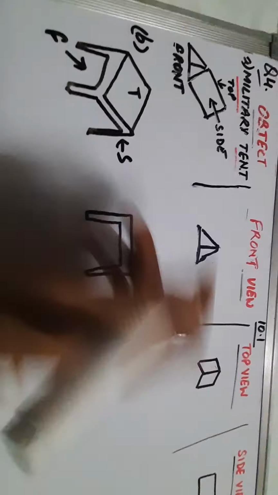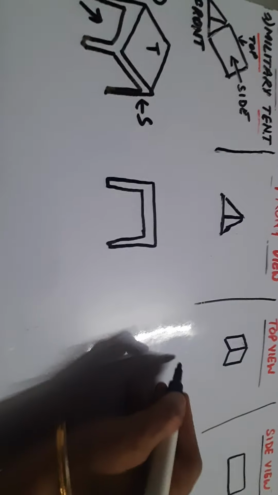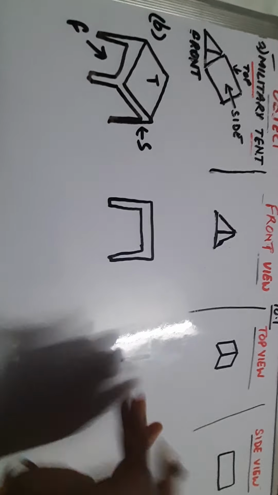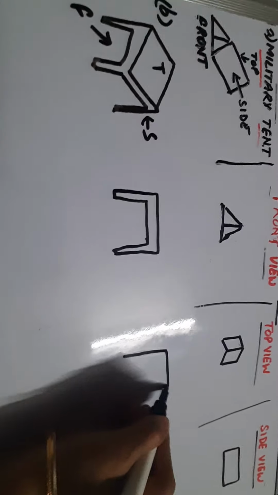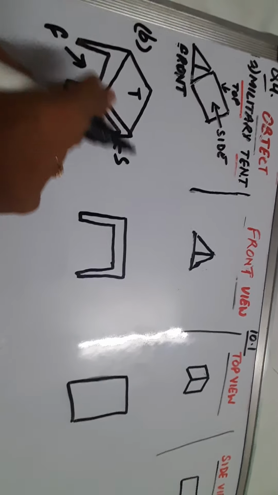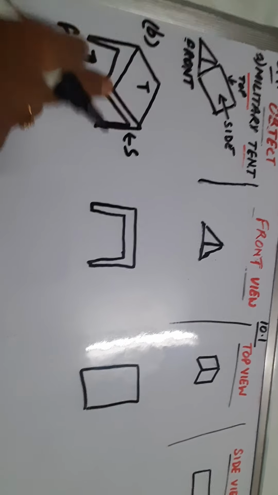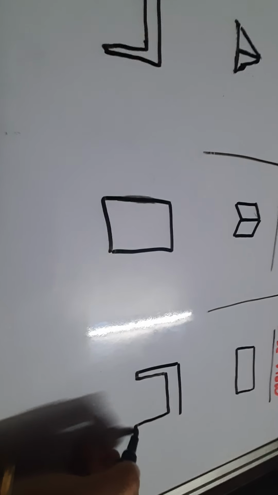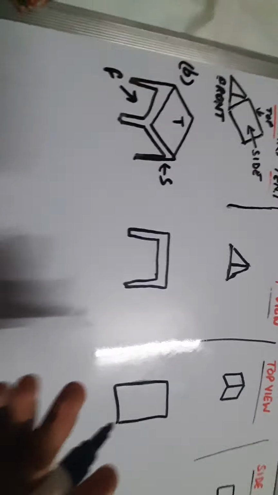Now top view, top is rectangular, so make a rectangle like this. Use pencil and scale, dear students, to draw the figures. Then side view is just similar to the front view. Again, two legs will be visible from the side view also. So we will make it similar to the front view, right?